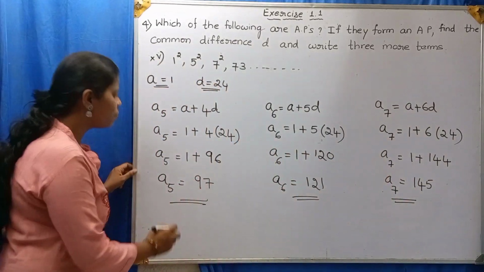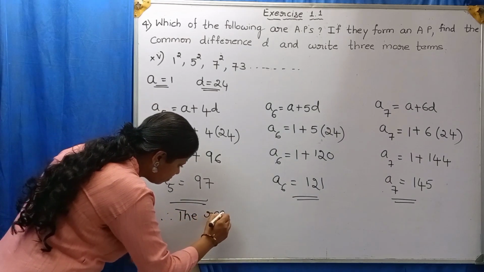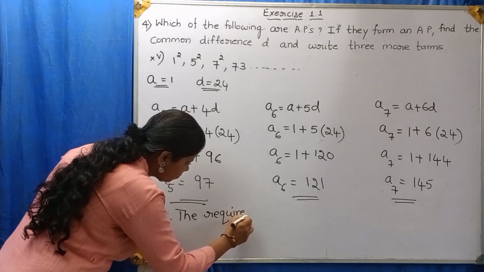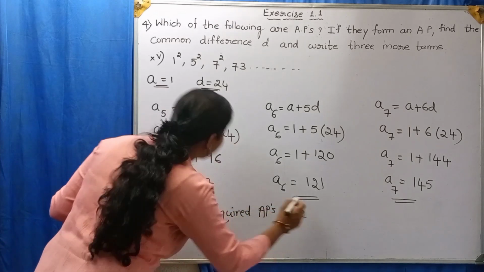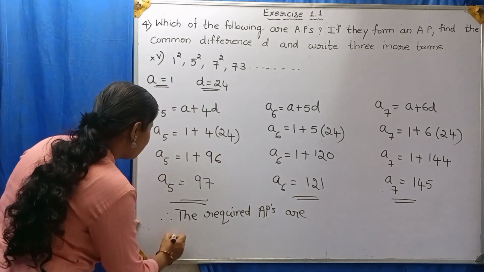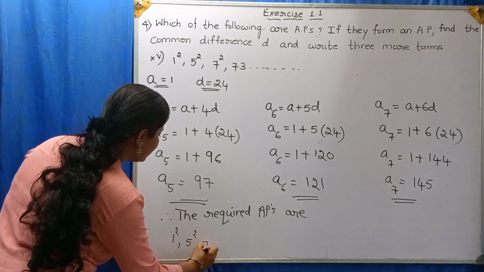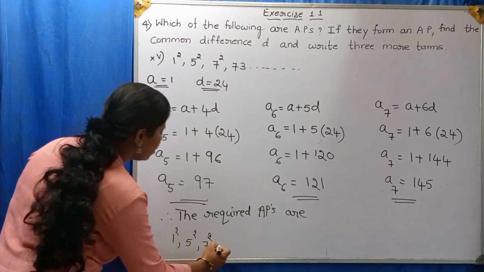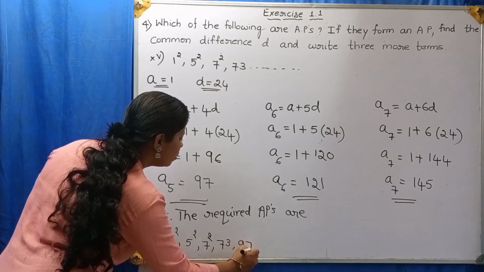Therefore, the required APs are 1 square, 5 square, 7 square, 73, 97.